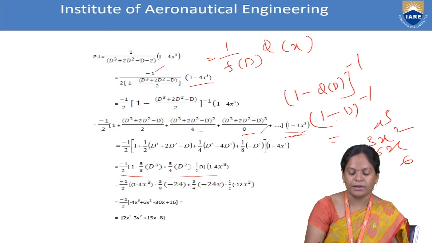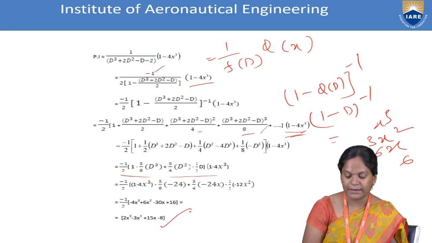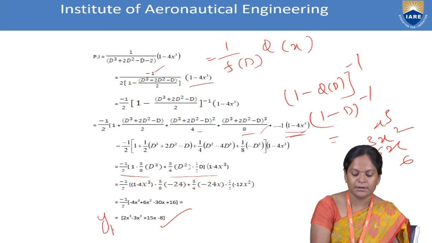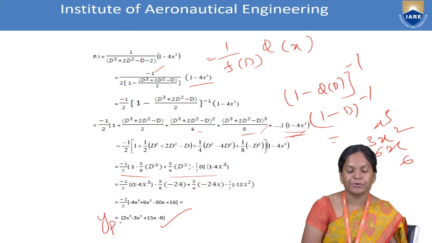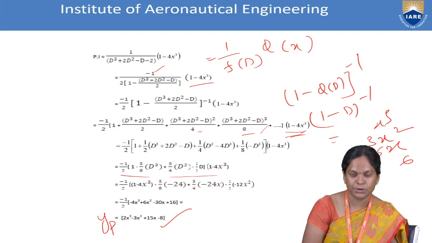We'll get finally 2x cube minus 3x square plus 15x minus 8. After simplification, you will get 2x cube minus 3x square plus 15x minus 8, which is the particular solution of f of d y equal to 1 minus 4x cube.